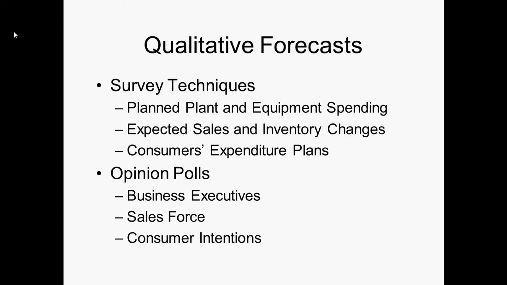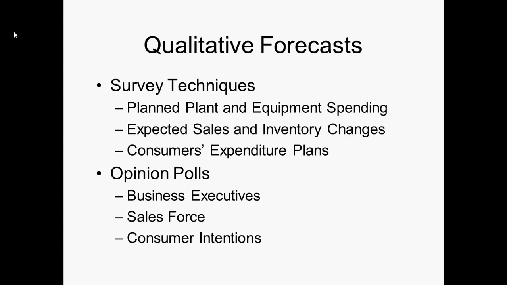So one way to do this would be survey techniques. A couple of the first examples of survey techniques are planned plant and equipment spending, and expected sales and inventory changes. These are more suitable for firms that are kind of upstream, maybe not selling directly to consumers. If you're selling machinery or software, you might be interested in what businesses are planning to spend money on, which could depend on their equipment spending and investment plans.